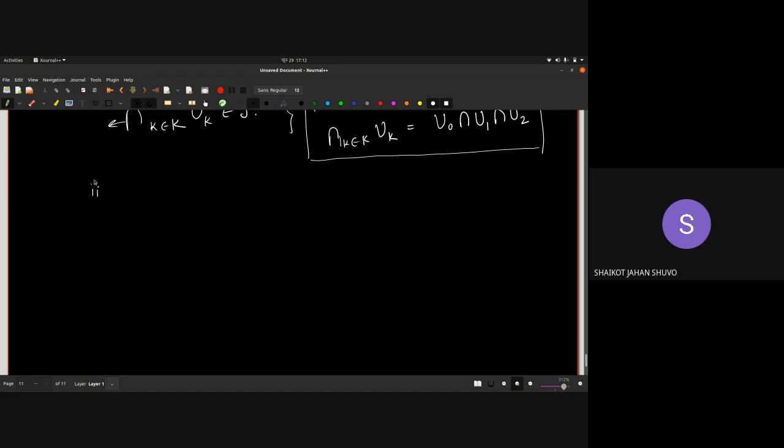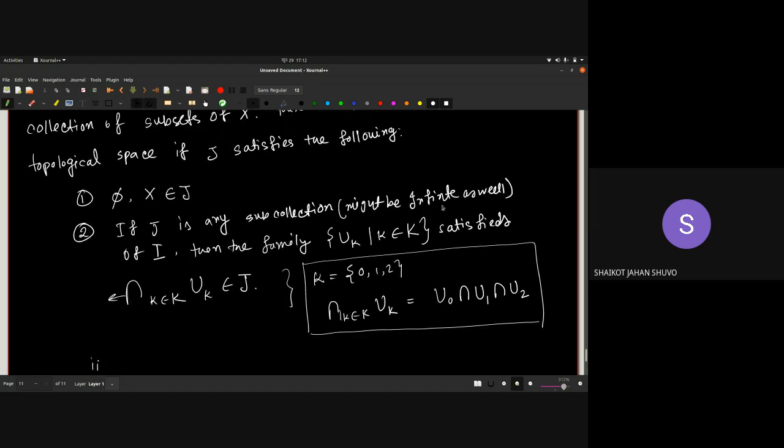Oops, sorry, it shouldn't be intersection. We are calling this infinite, right? So it should be union. Sorry about that. Intersection is another condition. These are also called arbitrary unions. It should be union, the big U symbol.